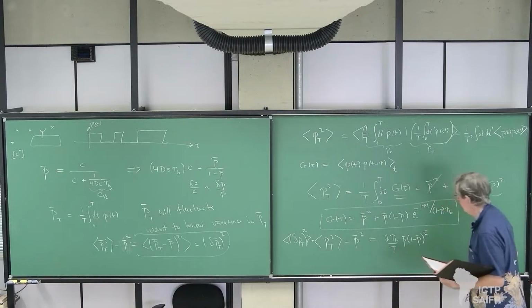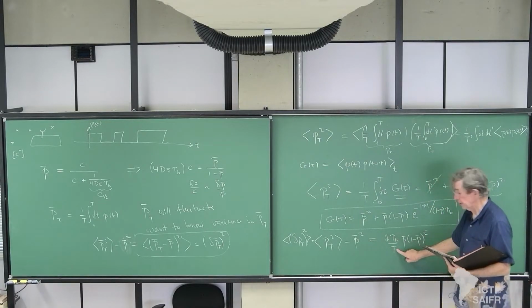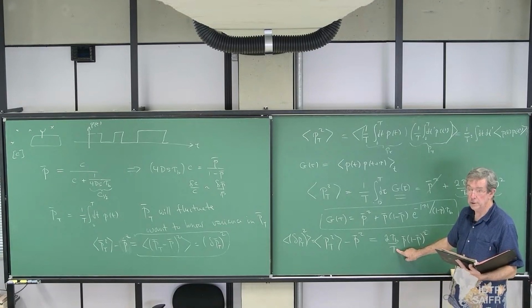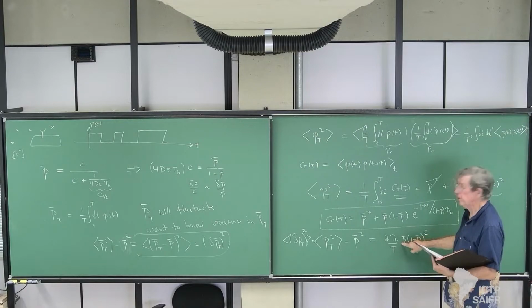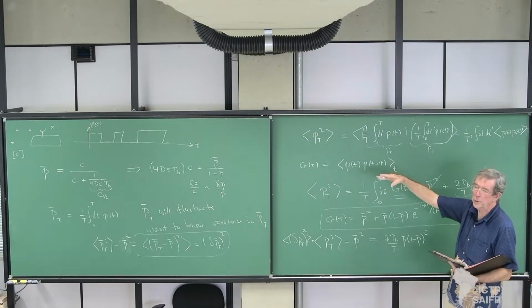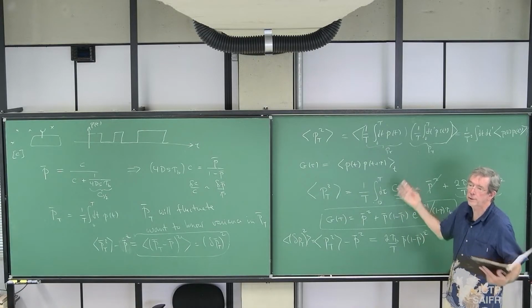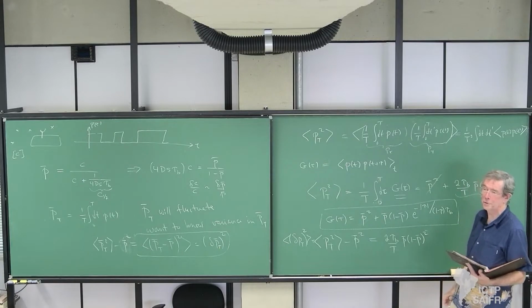And so this variance gets smaller and smaller as the time that you integrate over gets longer and longer. It's also small either if p bar is 0 or if p bar is 1. But that's because if the receptor is always occupied or never occupied, then there's no variation to worry about, but you're also not learning anything. So you're in trouble, okay?